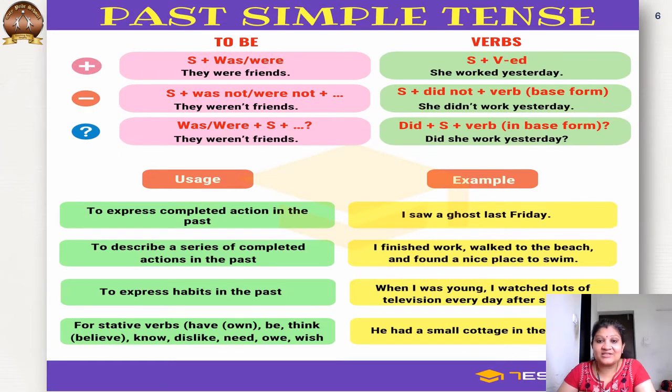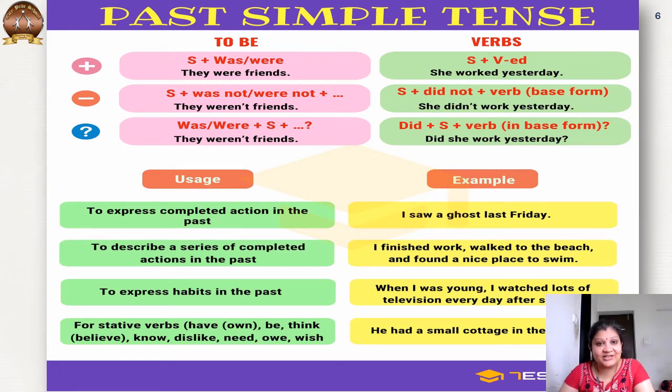So the simple past structure, when we use the to be forms, because I again repeat, verbs are not just action words. Be forms, have, has forms and do, they all are verbs too. So when to be is there, meaning am, is, are, in past, like you can see here, was and were.